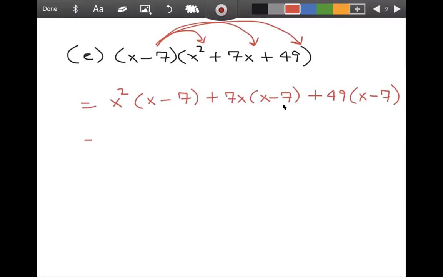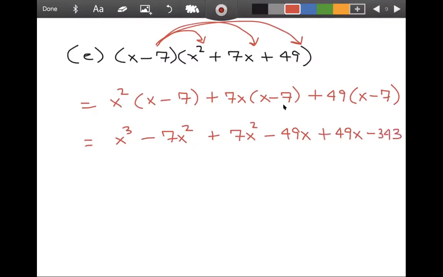Distributing the x squared, we get x cubed minus 7x squared. Distributing 7x, we get plus 7x squared minus 49x. Distributing 49, we get plus 49x minus 49 times 7, which is 343.